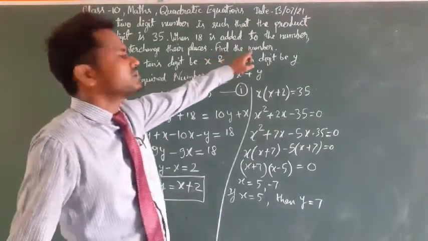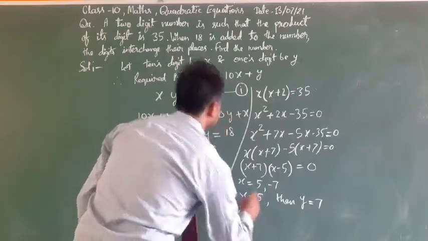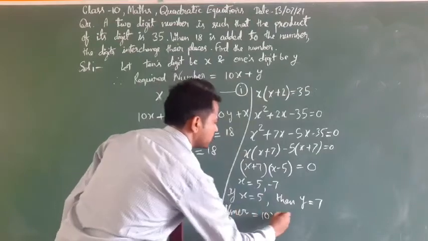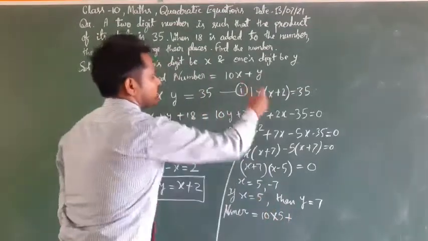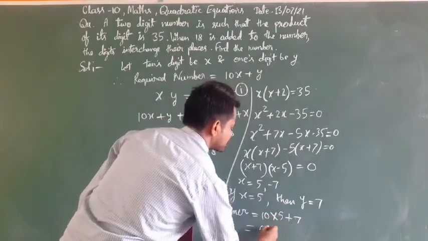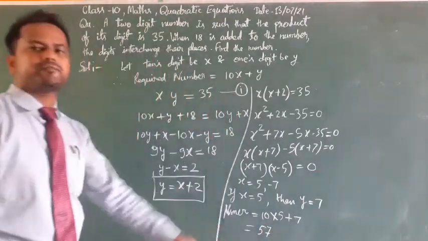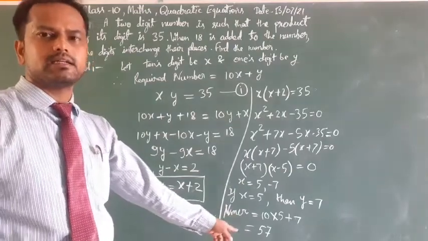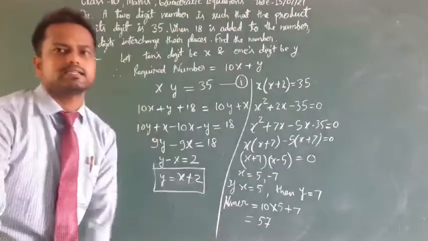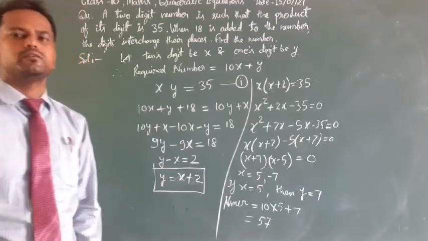So we have to find out the number, and the number is 10x plus y, 10 into 5 is 50 plus 7, that is 57. Got it? So the required number is 57. That is your final answer. So pause the video and note it down.